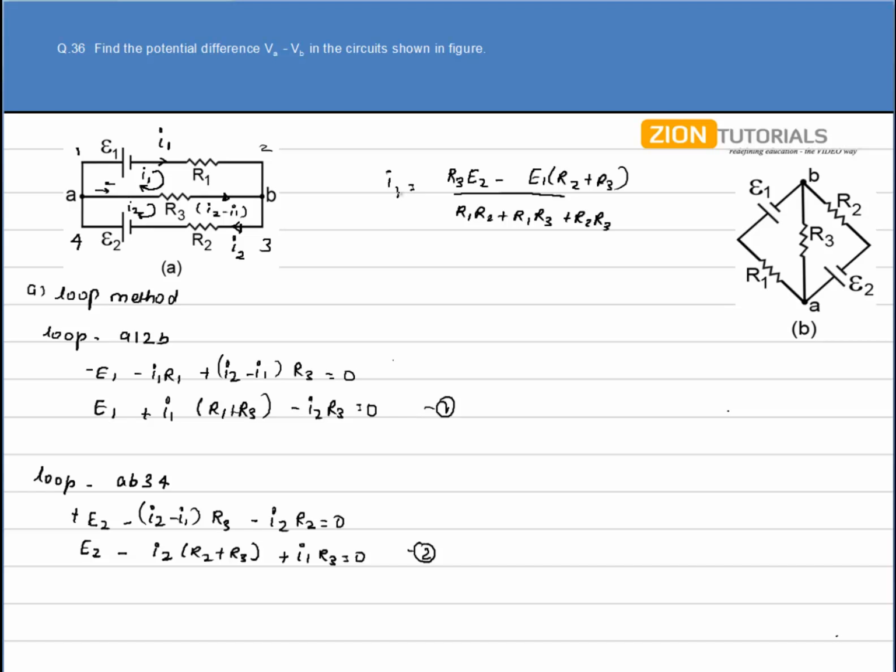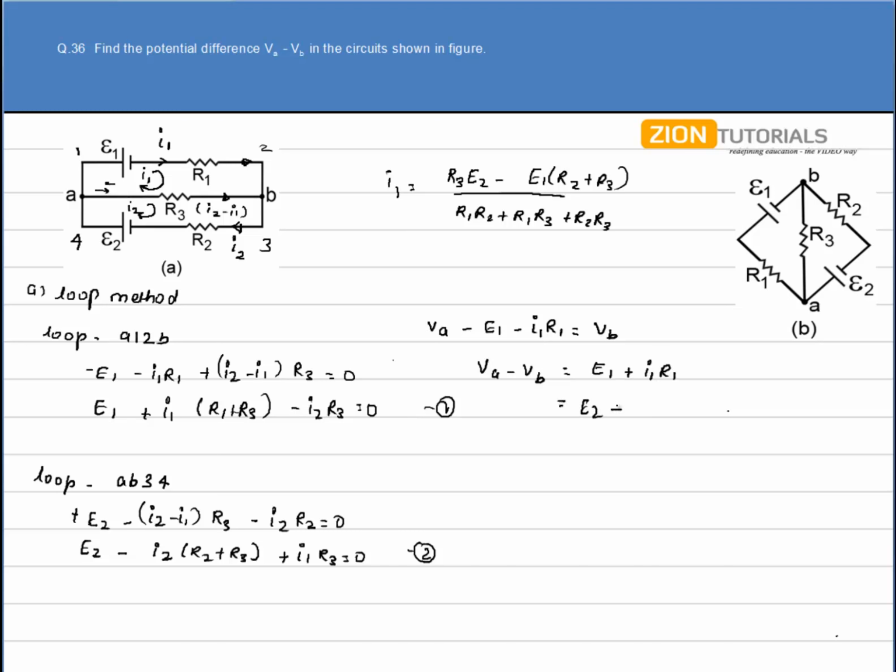Now since we have the current I1, I can apply the Kirchhoff law in this branch. So we have potential at A minus E1 minus I1 R1 equals potential at B. So I can write VA minus VB equals E1 plus I1 R1.